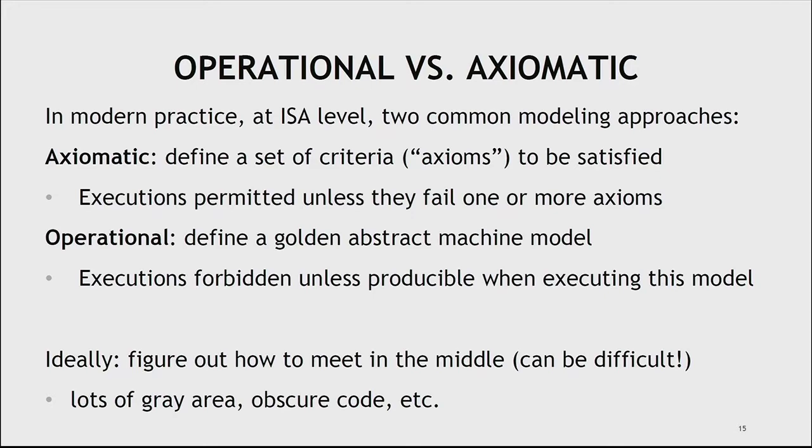On the other hand, the operational approach is to create an abstract machine model of your system. You write it down on paper, and you execute it just by stepping through your highly idealized machine. Any outcome that you can get by executing this golden operational model is legal, and any implementation has to match those outcomes. So in this case, it's the opposite of what I said for axiomatic.